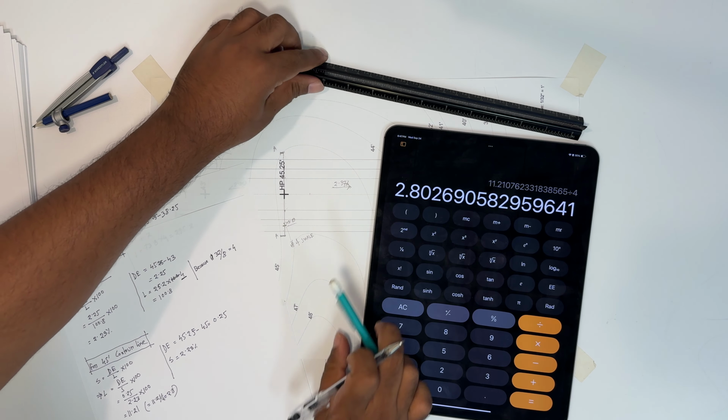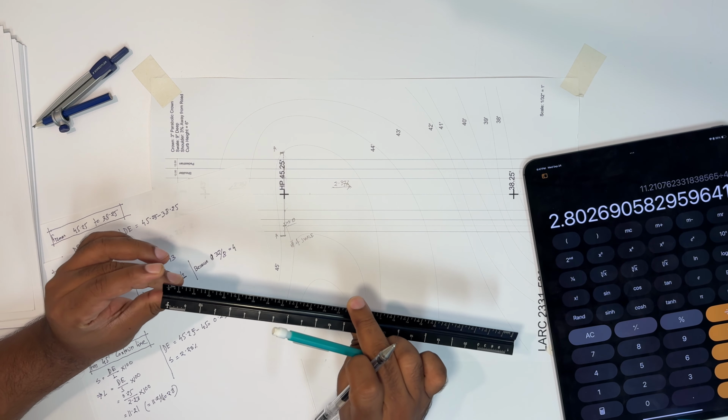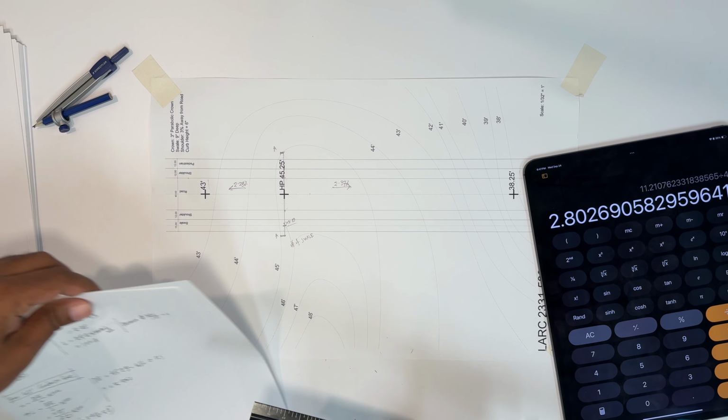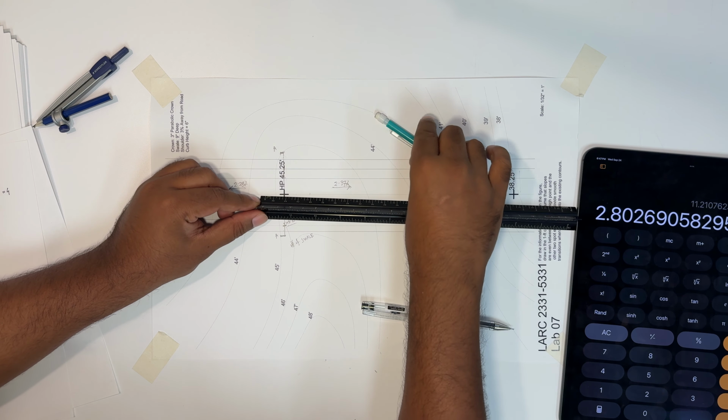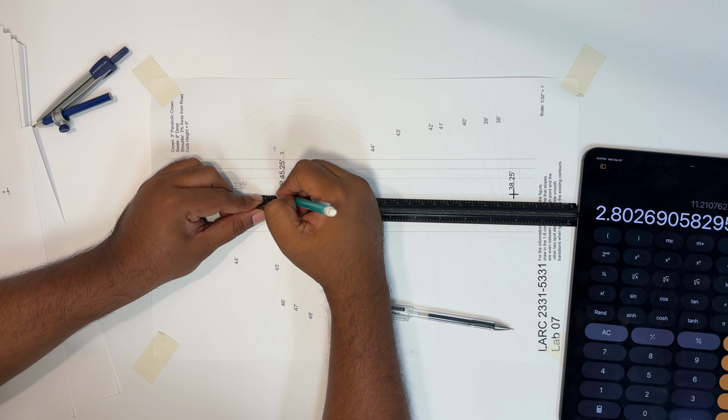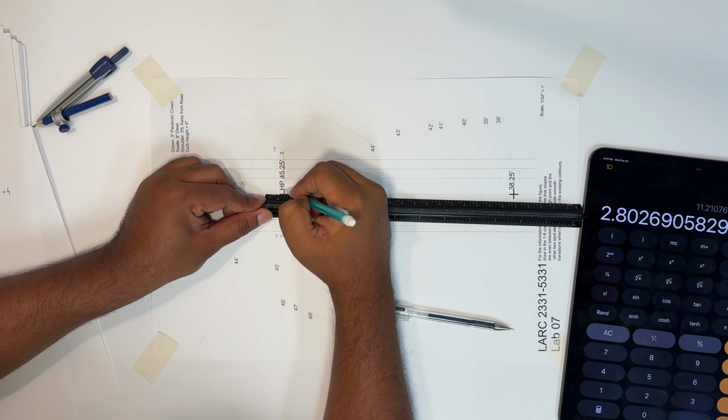So from here, we can try to get a 2.8 out. So 1, 2, and a little more. So somewhere here, we will have our 2.8 for 45. So that's for this part.